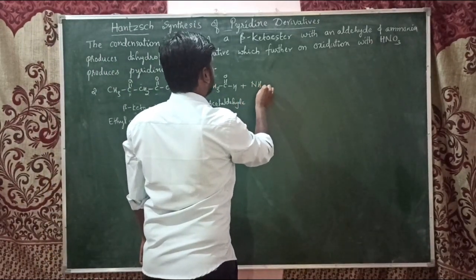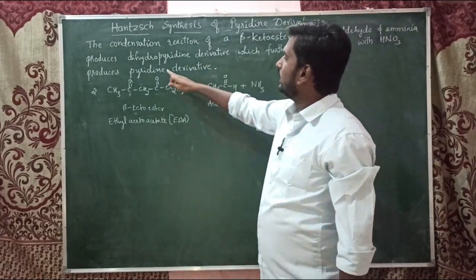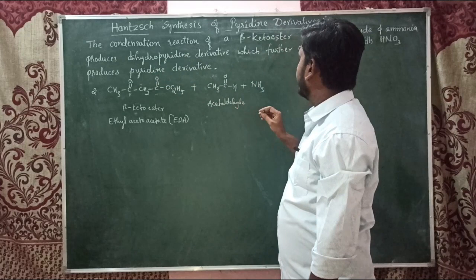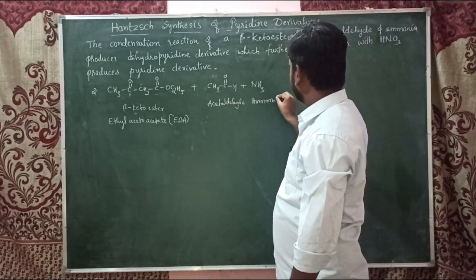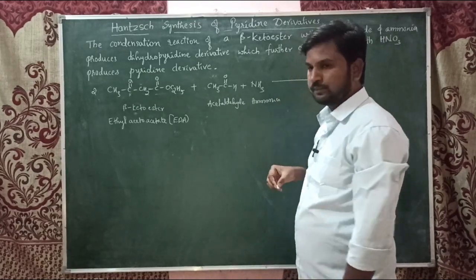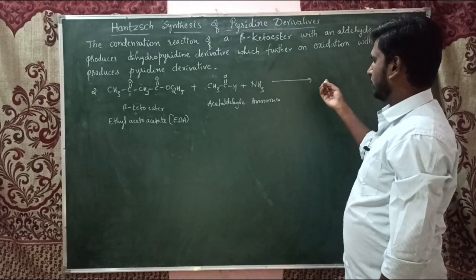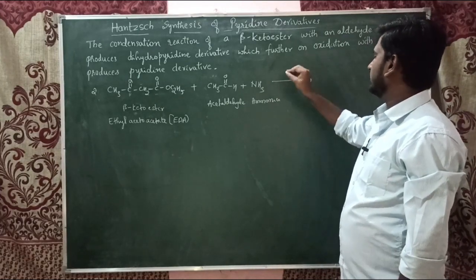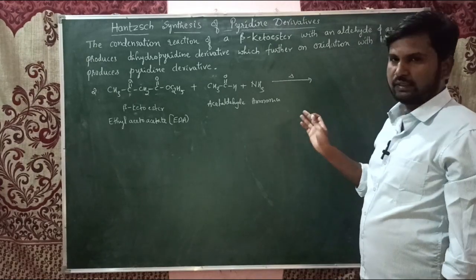So all these three will get condensed and it is going to give us a dihydropyridine derivative. Usually condensation means heating with removal of water, that we'll see in the mechanism.